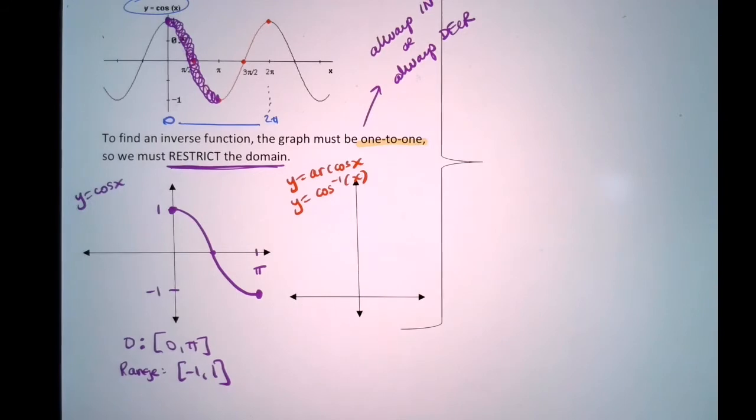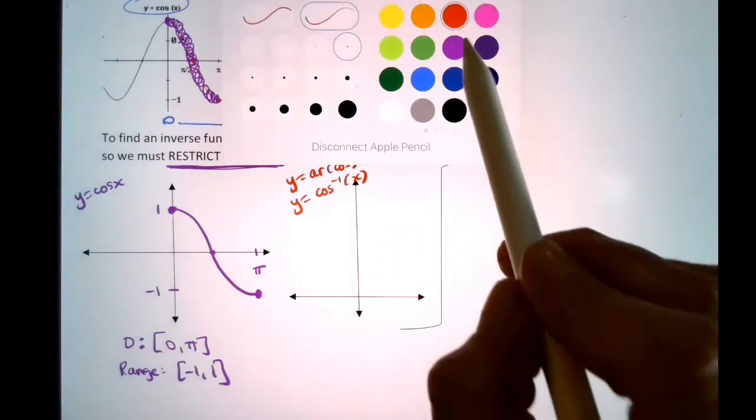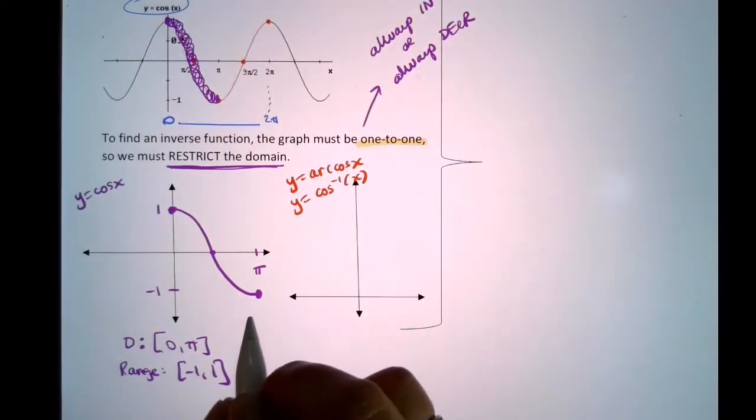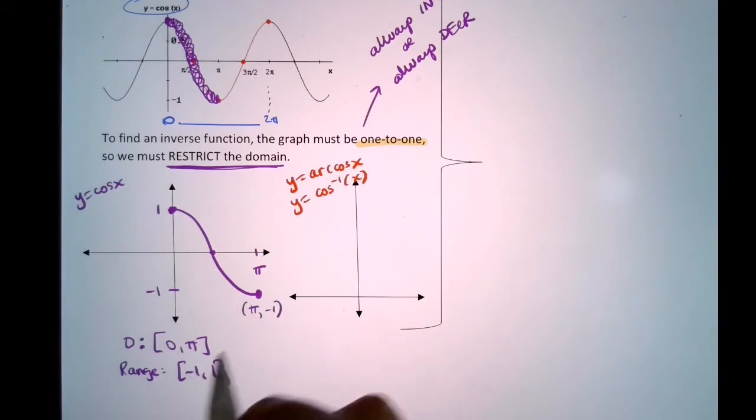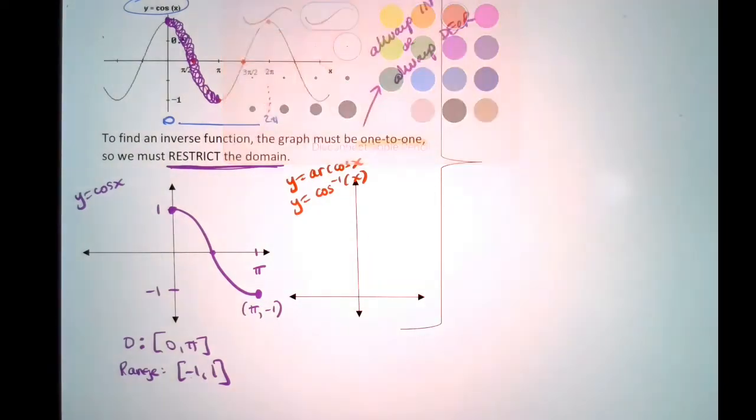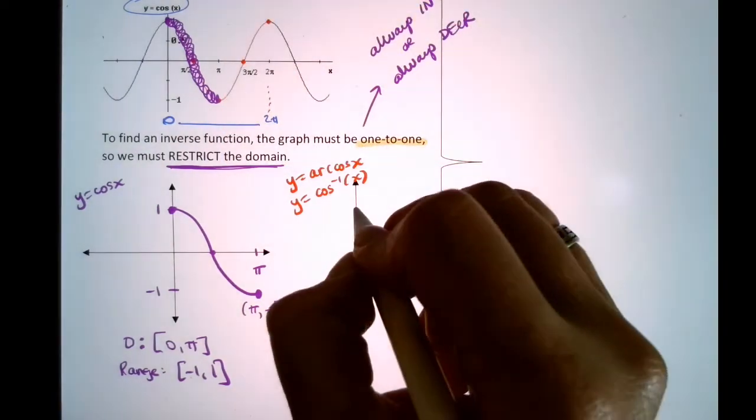So let's take a coordinate here on the restricted cosine wave that we were talking about earlier. As an ordered pair, this is x equals pi and y equals -1. That's a point on that curve. Well, all I'm going to do is switch the ordered pair to make the inverse function. I am instead going to plot -1 comma pi.